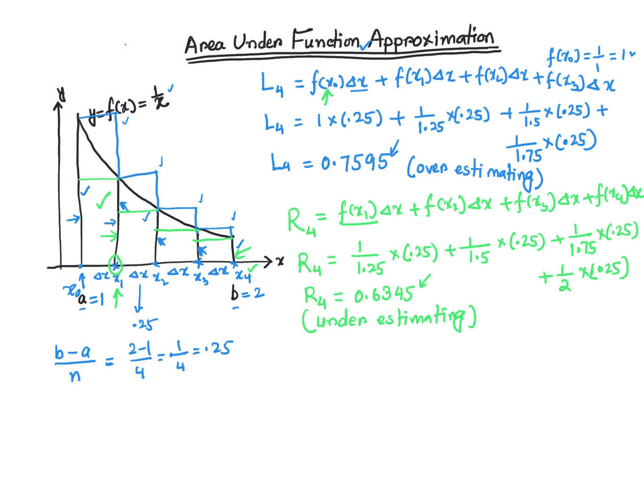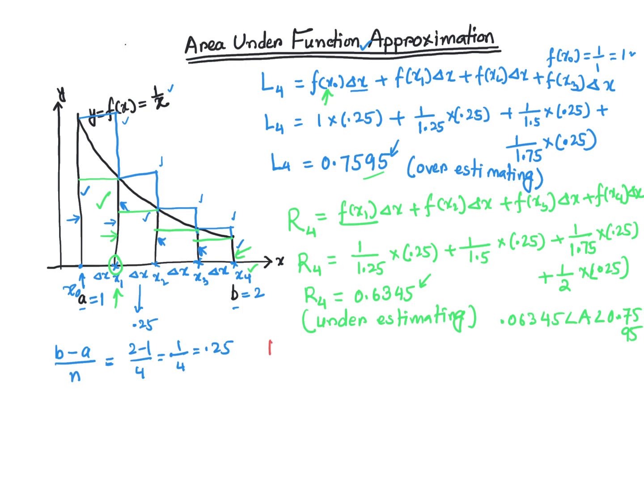So the actual area under the 1 over x curve between x equal to 1 and 2 should be somewhere between. Let's say my actual area is A, then it should be somewhere between 0.6345 and the other number that we got, 0.7595. That, by the way, should lead to something else, which is called the midpoint rule.